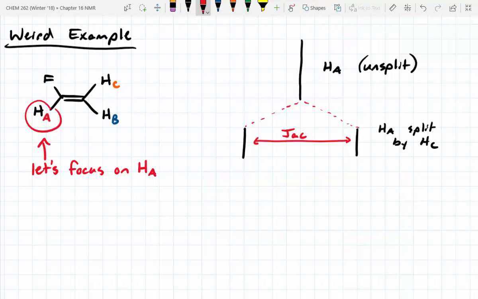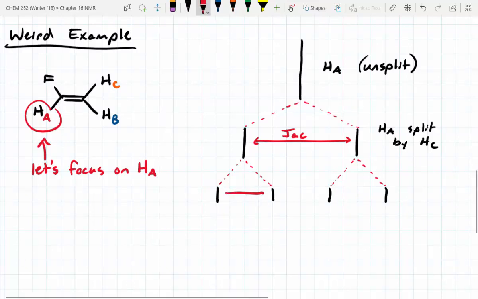A and B are actually a little bit different. So what we're going to do is split this, but this time it's going to not be as intense. The splitting is actually going to be smaller. All right, so if we look at this, we're actually going to get peak, peak, peak, and peak.